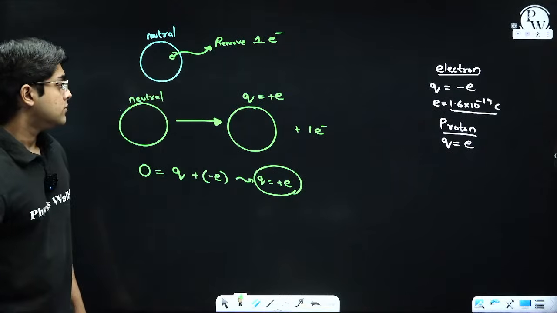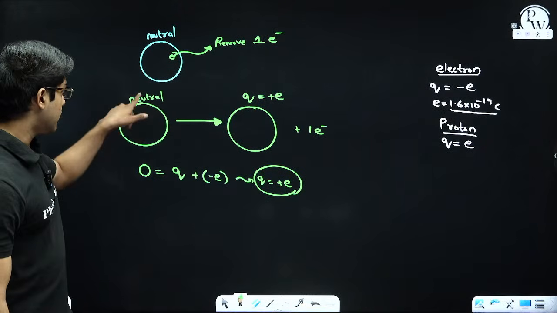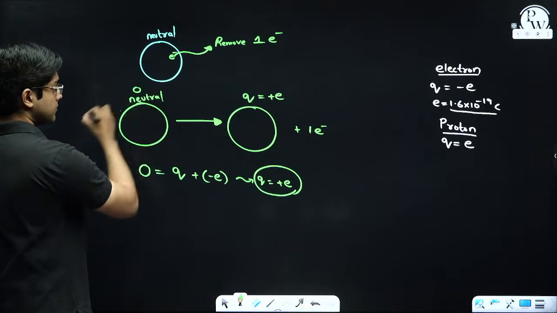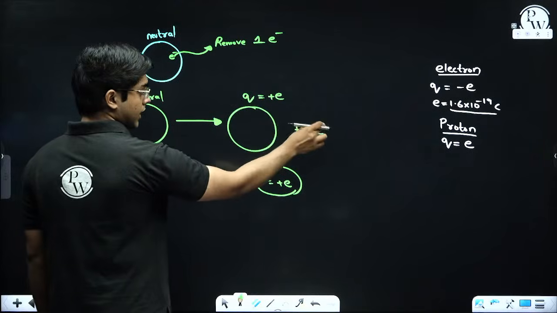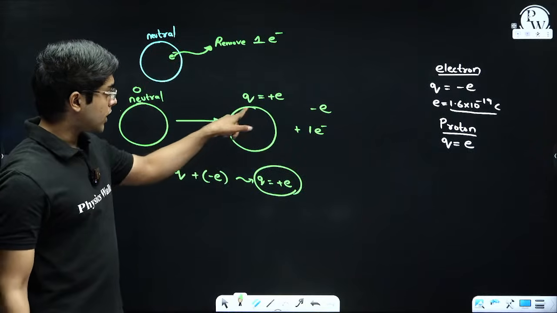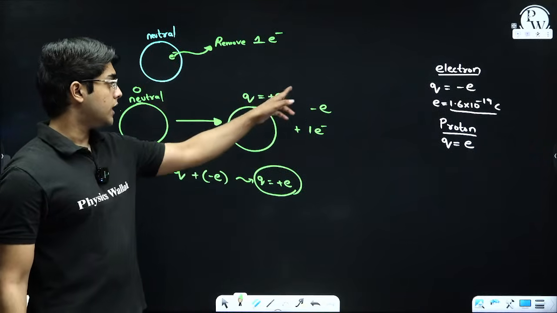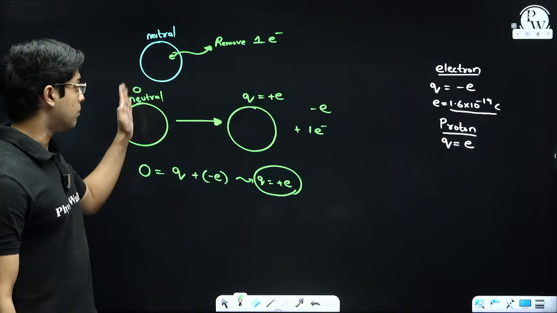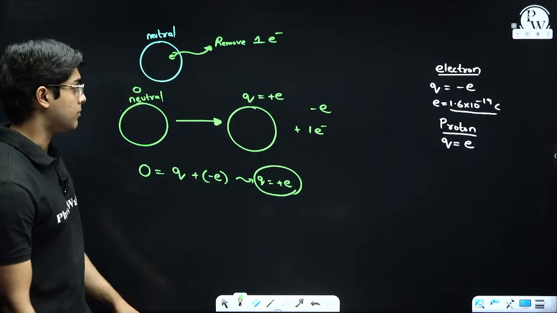Okay. This is actually pretty easy. Neutral body's charge is 0, right? Electron's charge is minus e, right? So which means this body's charge must be plus e. So that plus e minus e will be 0. Before and after charge has to be the same, right?